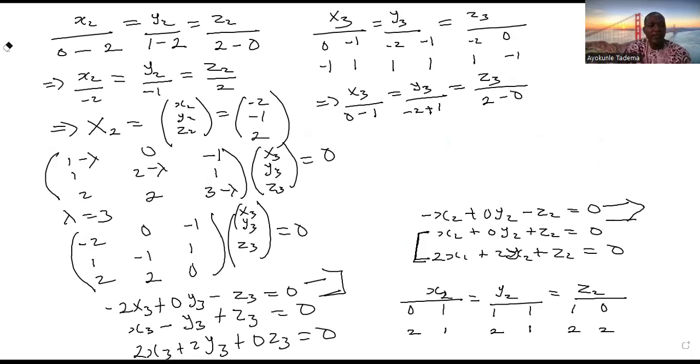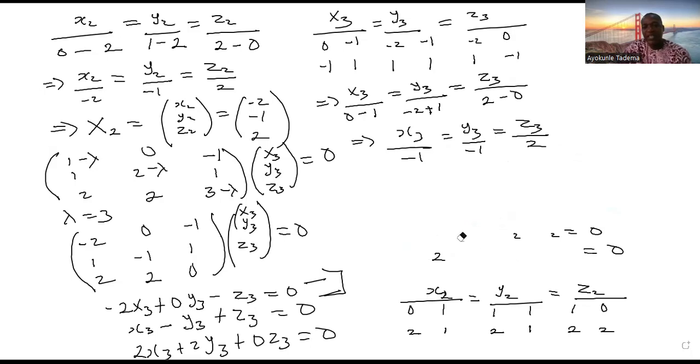Okay, and from here, this will give us x3 over minus 1, y3 over minus 1, and z3 over 2.